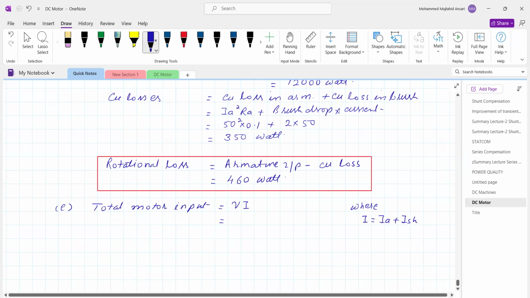Look at the figure. So 240 into 51, since it is 50 plus 1. So the motor input is 12,340 watt.